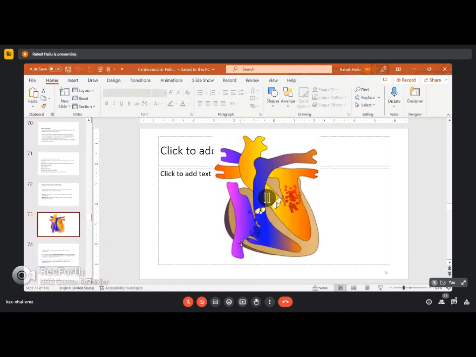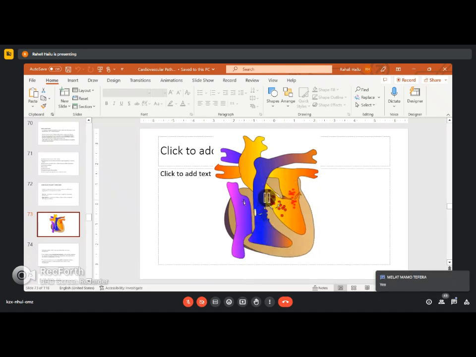What do you see? It doesn't open easily, right? What is this chamber? That's the right atrium, right?